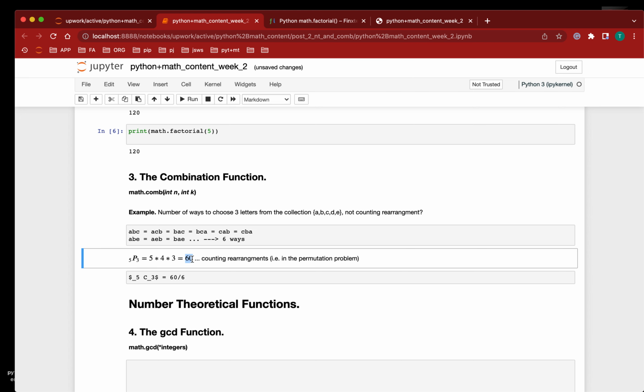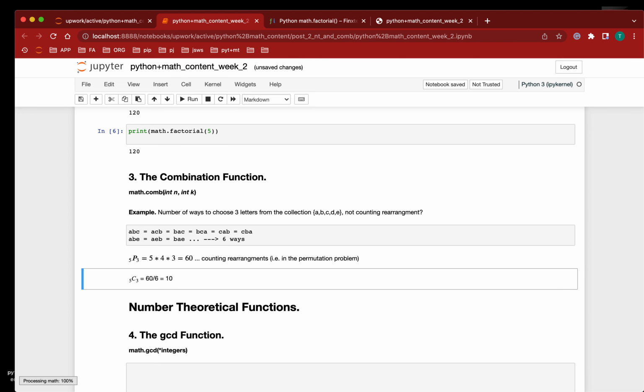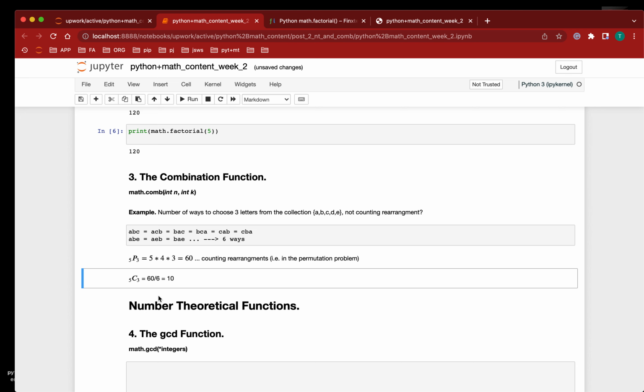So 6 out of these 60 should correspond to 1 possibility here. So it's 60 divided by 6, which gives you 10.